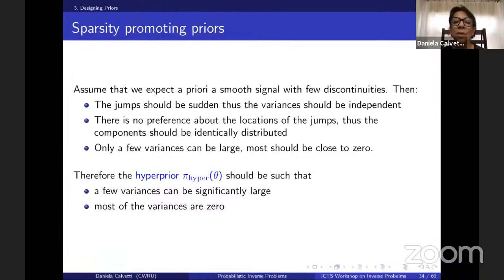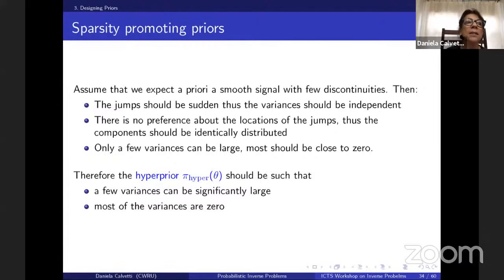Otherwise, as we saw with the draws from the first and second order priors, if they depend on the previous one, they will be constrained. So we want the signal to be free to jump as much as we say it can, at any position. So we model the variances as independent.